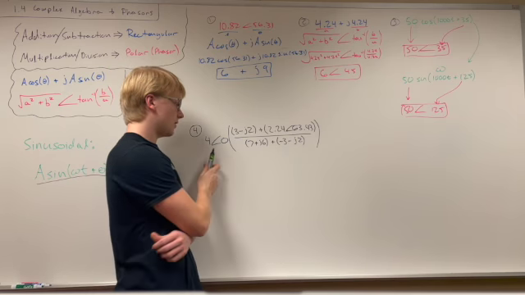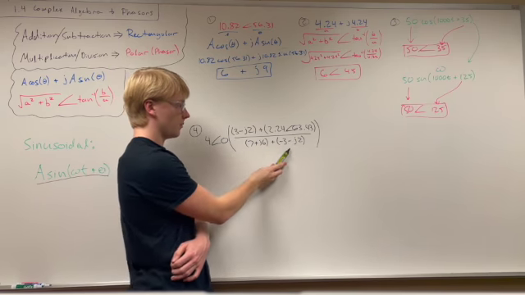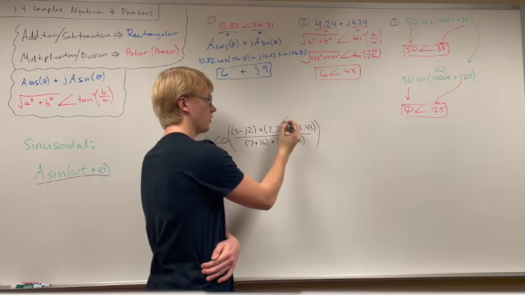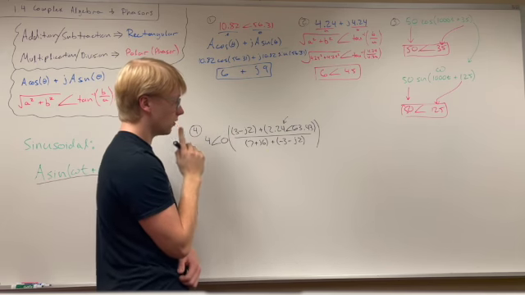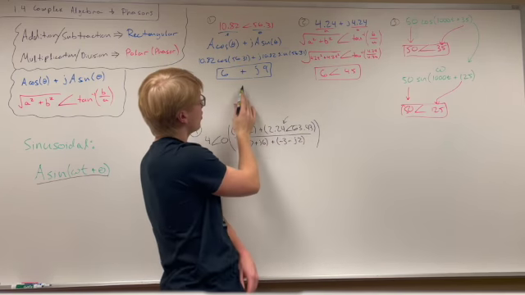So as you can see, this is polar, rectangular, polar, rectangular, rectangular. And so the first thing we want to do is convert this right here to rectangular. This is polar to rectangular.